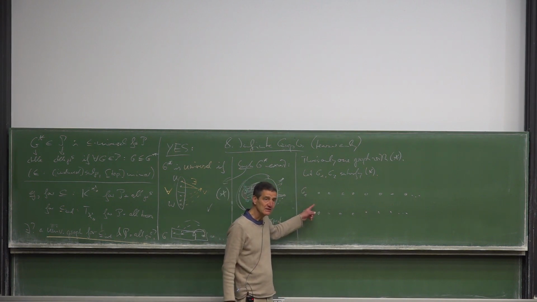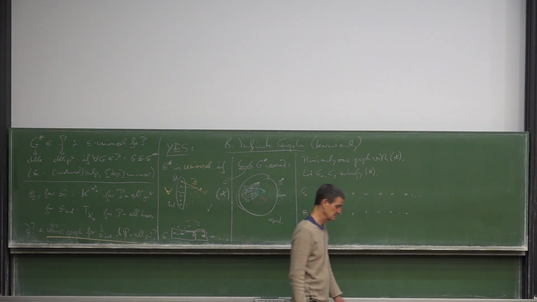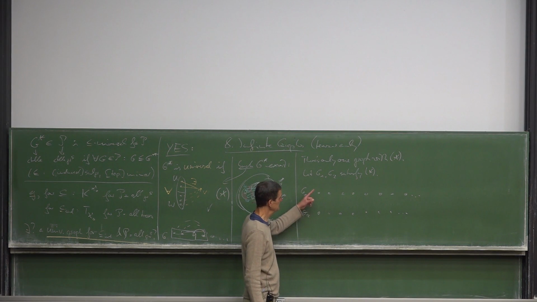And now define this bijection in infinitely many steps alternating between G1 and G2 in the following way.